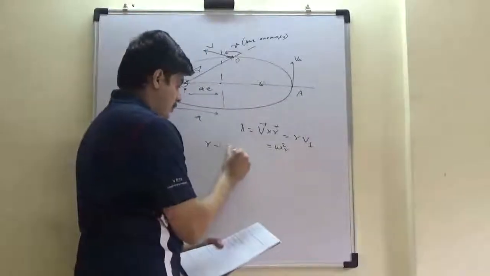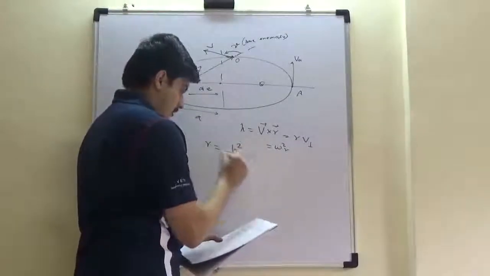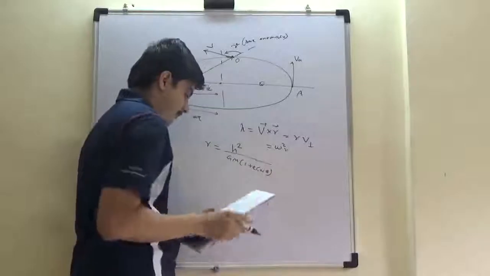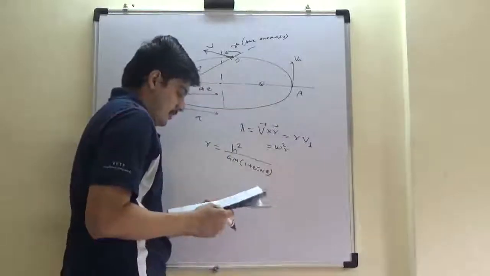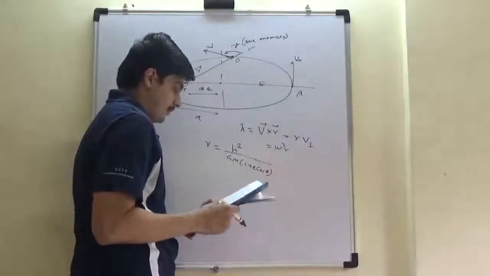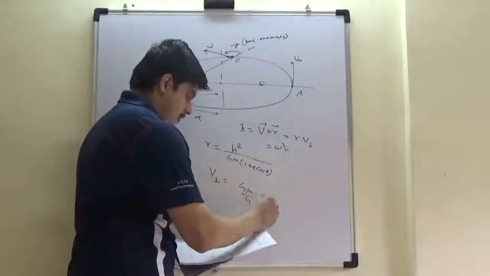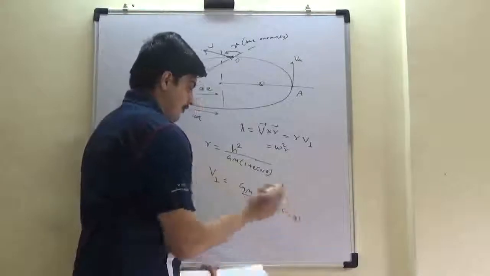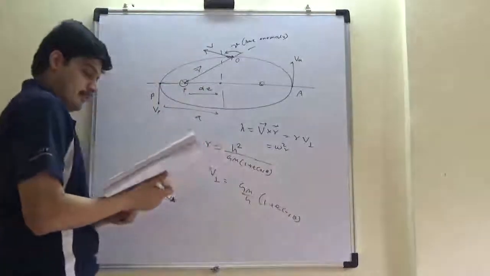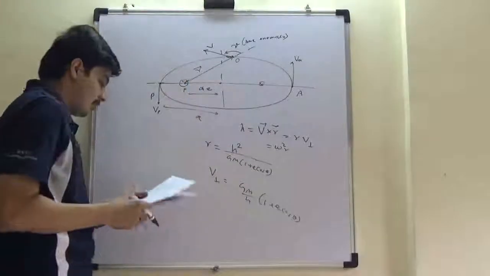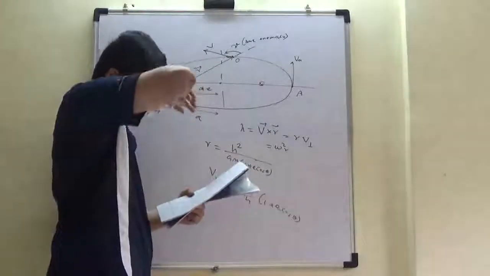So R, if you do this, is H square upon Gm 1 plus E cos theta, right? If that is the case, V perpendicular would be Gm upon H 1 plus E cos theta, right? Is this clear? Theta is nothing but this anomaly angle that we have been using, right?